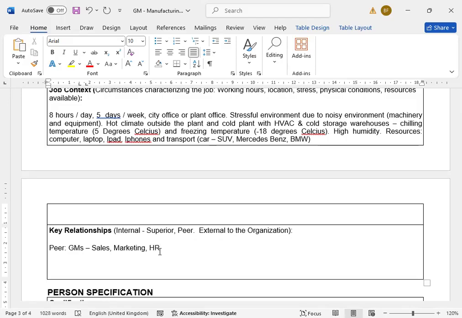They have a general manager also. And many other GMs. Then your superior, of course, there are two superiors. One is the chief executive officer, and the other one is the chief operating officer.